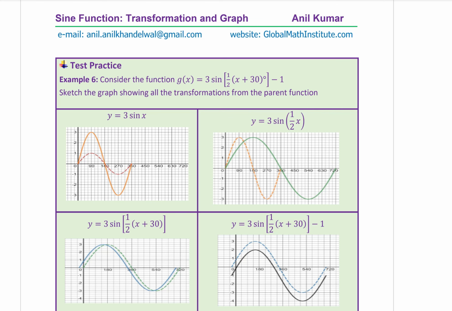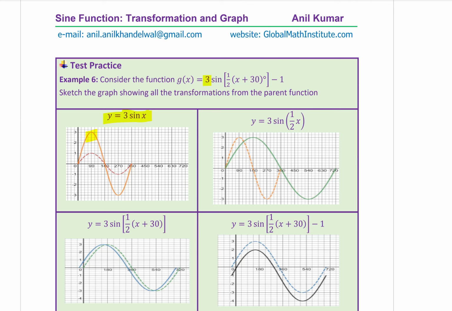So what I've done here is sketch 4 different graphs, described transformations have been taken care of. So the function here is 3 times. So 3 times that 3 is the amplitude, right? And it gives you the vertical stretch.